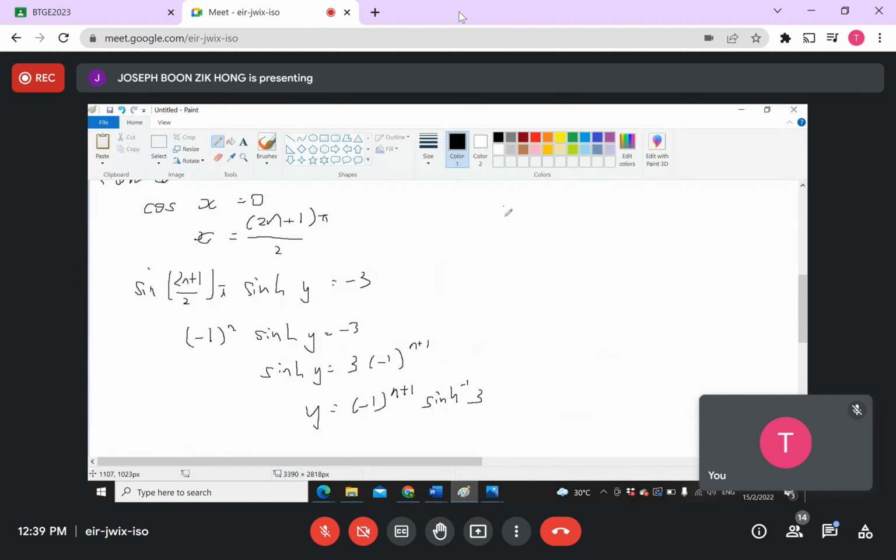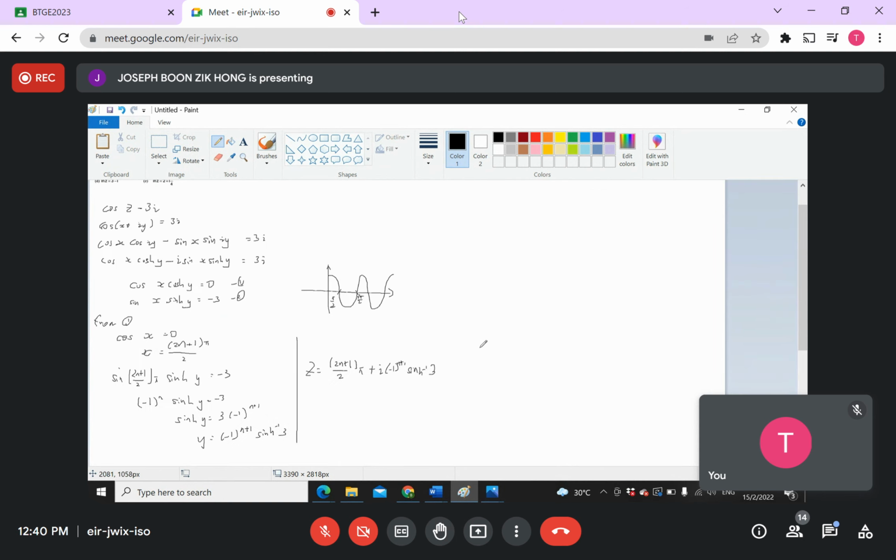So that means your answer of z will be equal to your x, which is (2n plus 1) divided by 2 pi, plus your iy. So i times (-1)^(n+1) sinh inverse of 3. In the exam, you just write like this and it will do already. No need to write it as in the answer there. Try to have a look and then proceed to the next one.